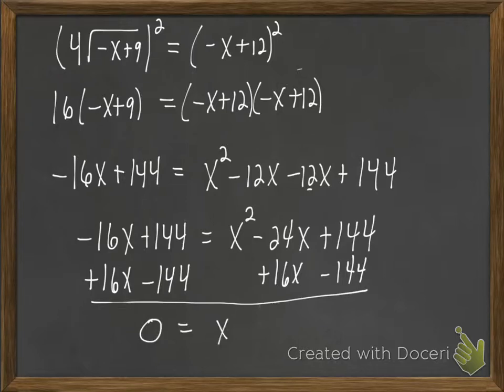We get x squared minus 8x equals 0. And we can factor: 0 equals x times x minus 8. And from that we can conclude that x either has to be 0 or x has to be 8.